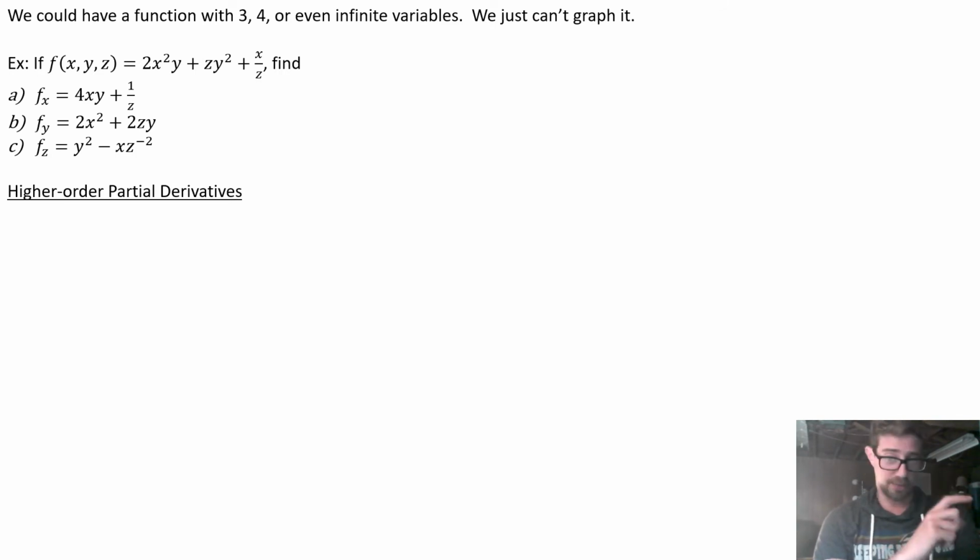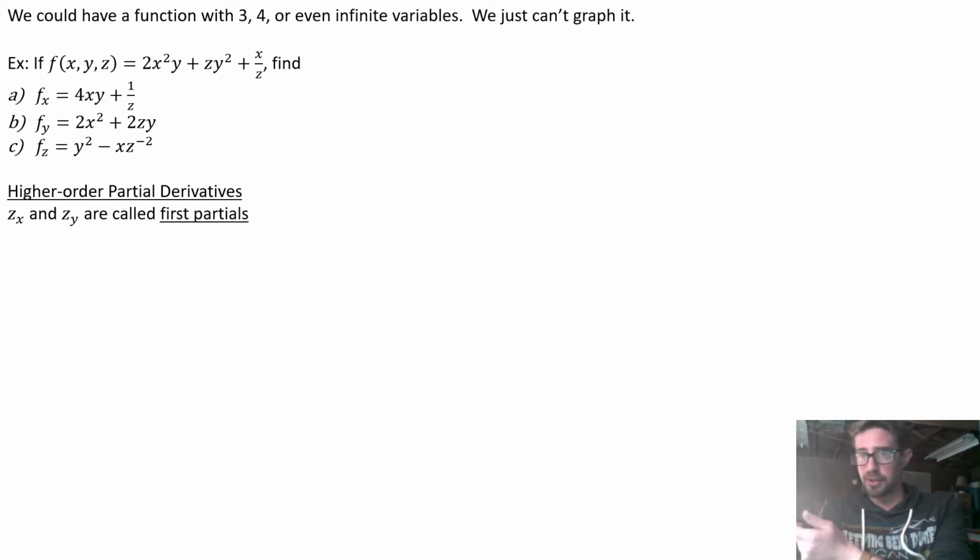Or you can take fx and you can take the derivative of that with respect to y, right? Now, if you have 3 variables or you're doing higher than second order derivatives, we have a lot more options. It's like a branching tree. So there are more higher order partial derivatives for these types of functions than there obviously would be for a function of only 1 variable.